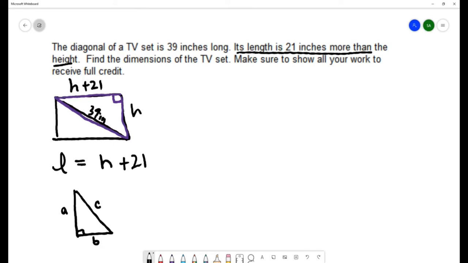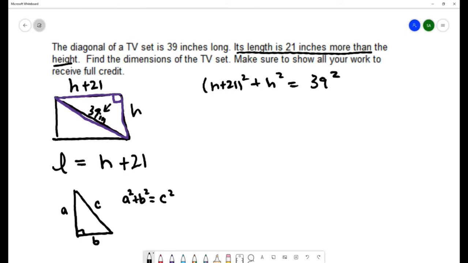And Pythagoras says that there's a relation between these sides, and the relation is that a squared plus b squared equals c squared. So we can use that relation in our picture. 39 will be the hypotenuse because it's opposite of the right angle. So we have (h + 21) squared plus h squared equals 39 squared.